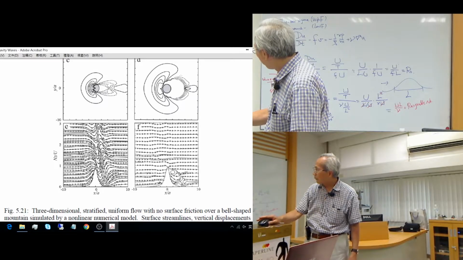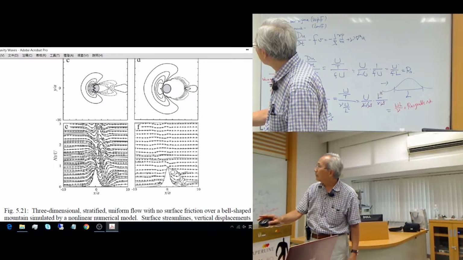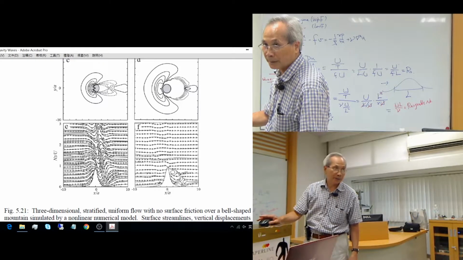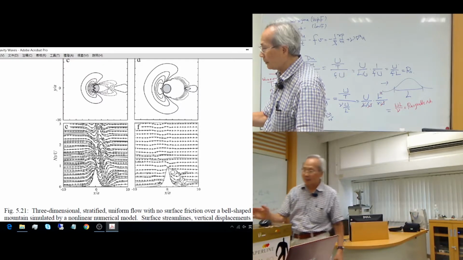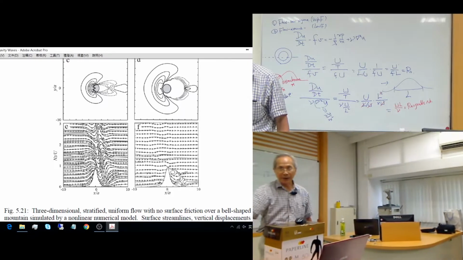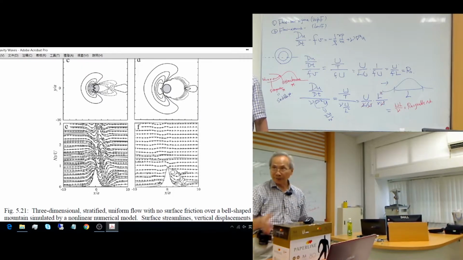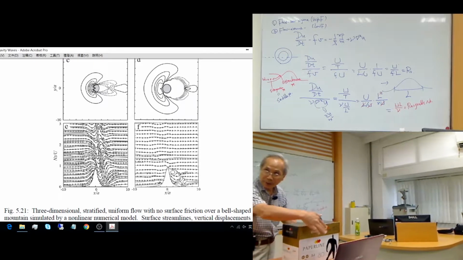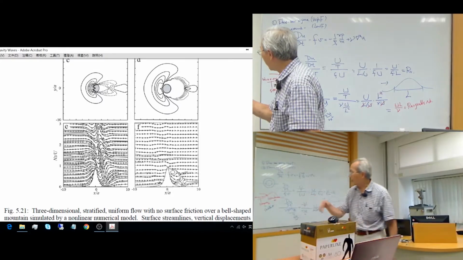These are mountain waves. But for this one, you don't have much disturbance above the mountain, because the incoming flow just doesn't have enough energy to climb over it. So you have to go around, and going around forms the vortices.